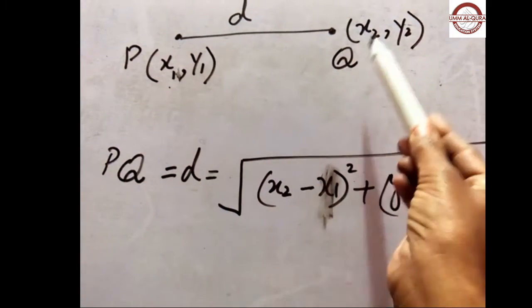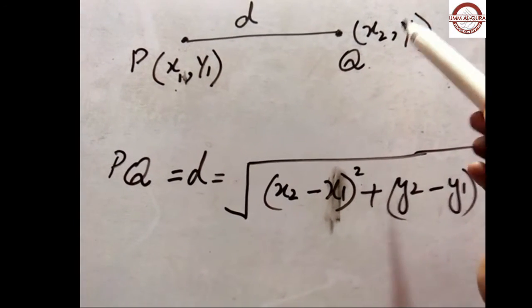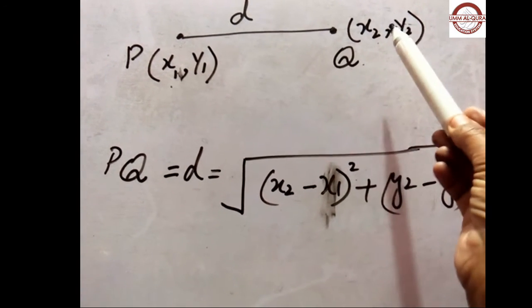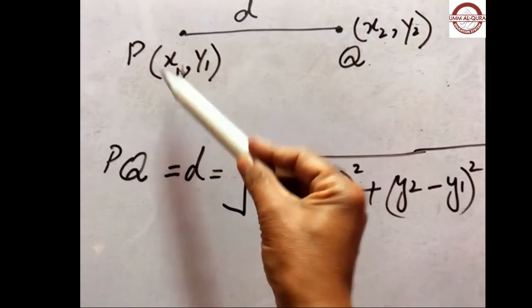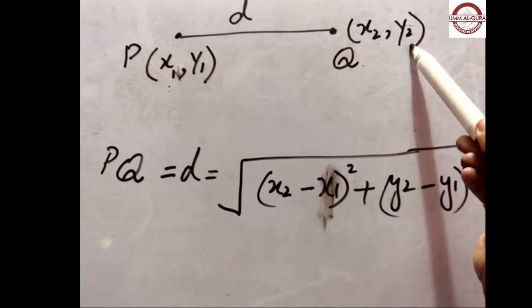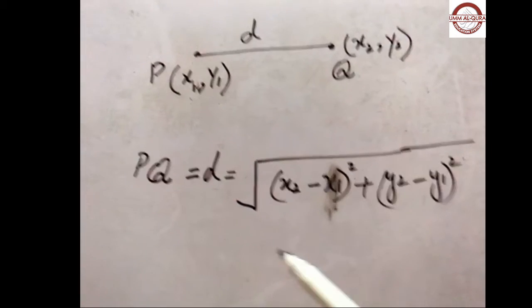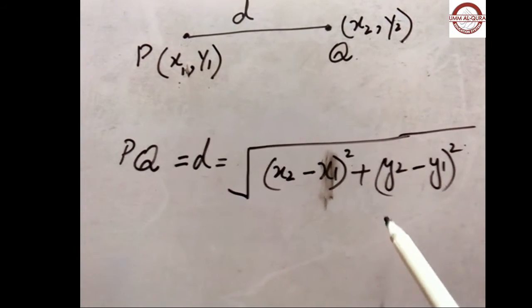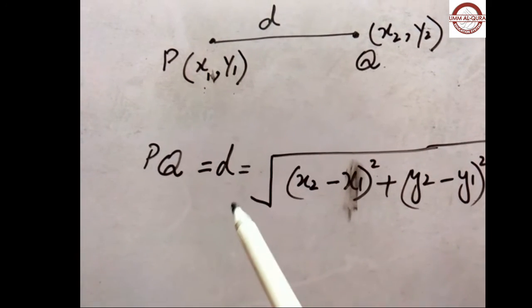We are finding the distance between these 2 points, so first of all, we will subtract the coordinates of x1 from x2. Then whole square plus y2 minus y1 whole square, all under root. This is the formula for finding the distance between 2 points P and Q, which is denoted by D.